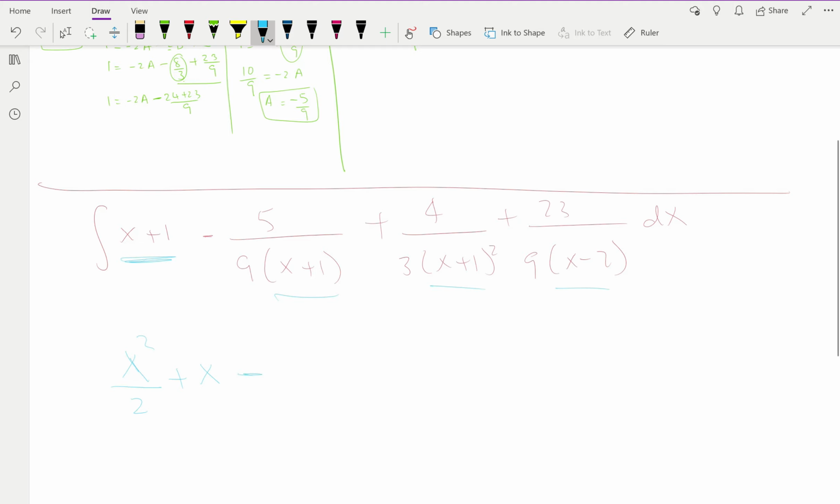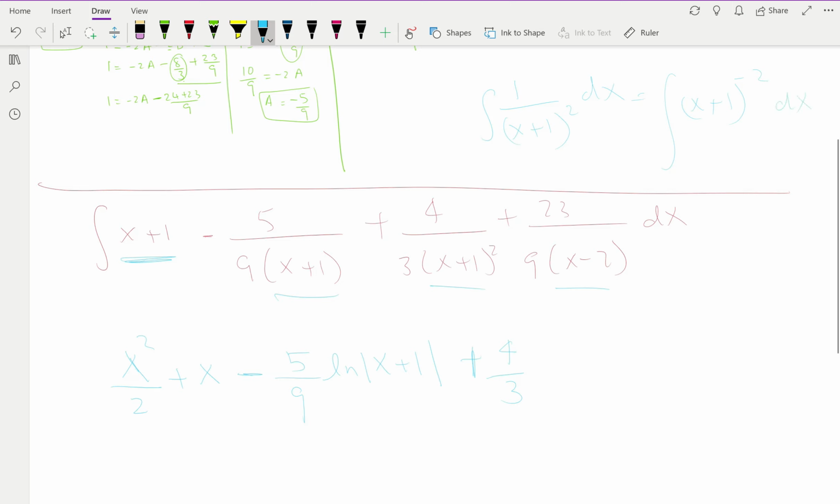If you integrate negative 5 over 9 over x plus 1, it's negative 5 over 9 natural log absolute value of x plus 1, right? Plus here to integrate, 4 over 3 comes out, that's okay. So to integrate 1 over x plus 1 squared, you don't use natural log here. So actually you write it as x plus 1 to the power negative 2.